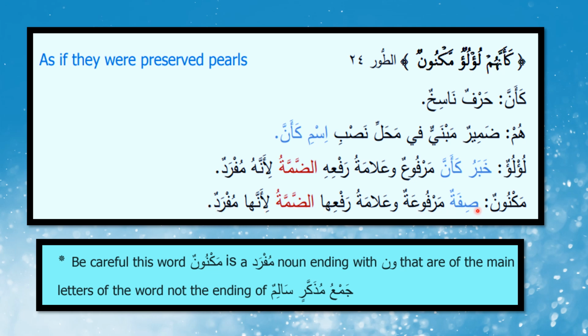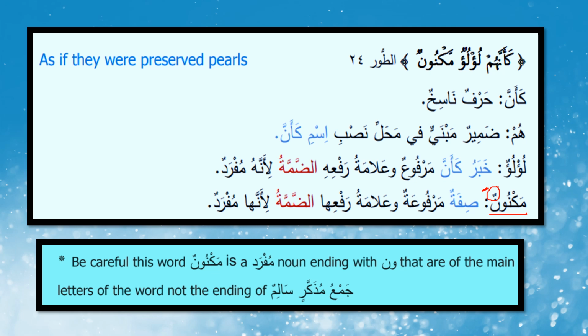Now, why is it not called a jama muzakkar? Many of you have seen the wow and noon, but what is the sign? If any of you can make out the sign, it's not a jama muzakkar. How will you know? Very, very minute detail. If you pay attention to this tanween, if this noun was a jama muzakkar, then this noon would have had a fatha over it.